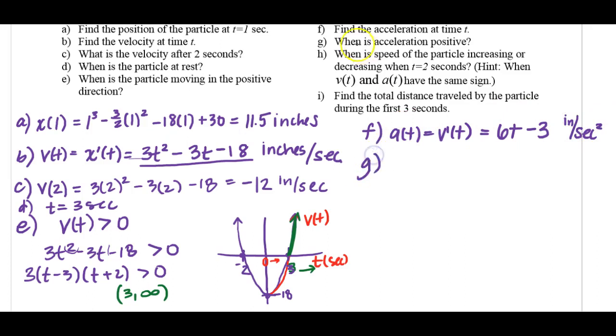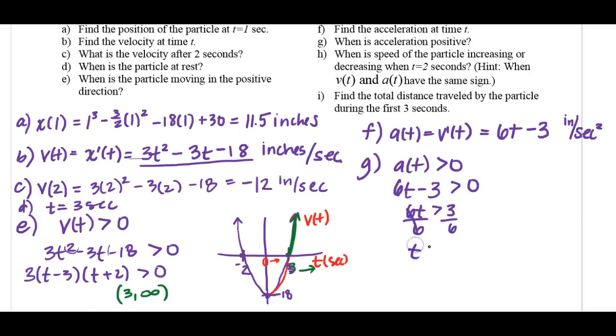So now for part G, when is acceleration positive? So when is a of t greater than 0? So a of t is 6t minus 3. So when is this greater than 0? Because this is a linear function, this one's easier to solve than a quadratic greater than 0. So 6t minus 3, we can solve this analytically by adding the 3 to the other side, dividing by 6.